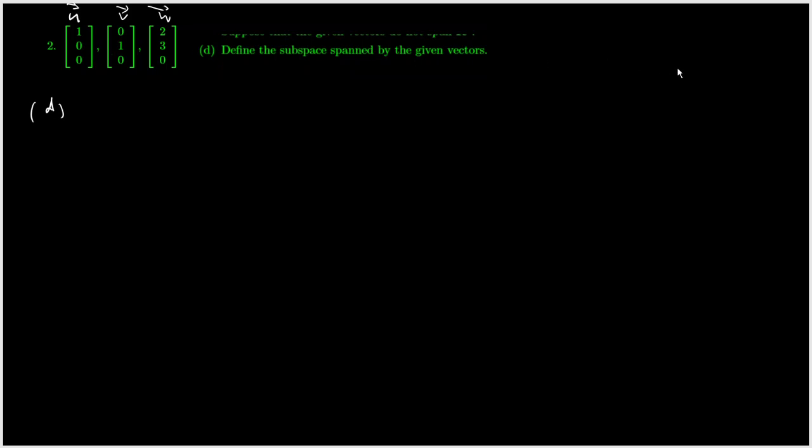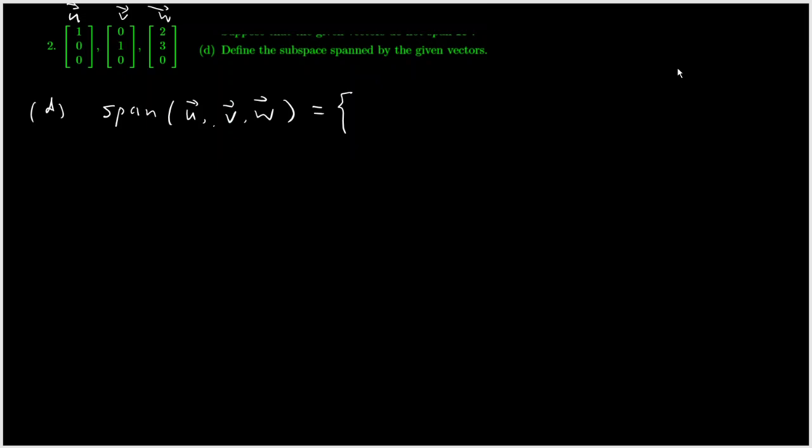I'm going to write that. The definition: you write span, and it means the spanning set of u, v, and w. The definition of the spanning set is the set consisting of all the linear combinations of u, v, and w.